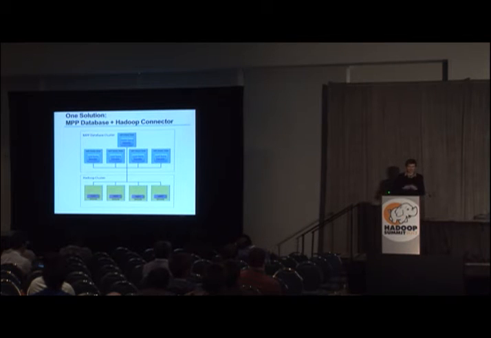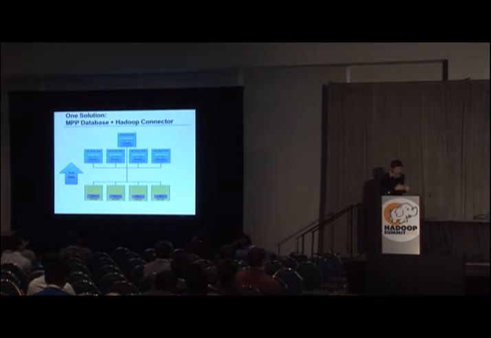And the basic idea is you have your MPP cluster on one side of the data center, and you have your Hadoop cluster on the other. And using software connectors, you're able to read data off of the HDFS nodes over to the MPP cluster and process them there. The problem with this approach is that we're still violating one of the core tenets of Hadoop. And that is that we're no longer pushing the work over to the data. We're now back to the same old model of pulling the data over to the work.